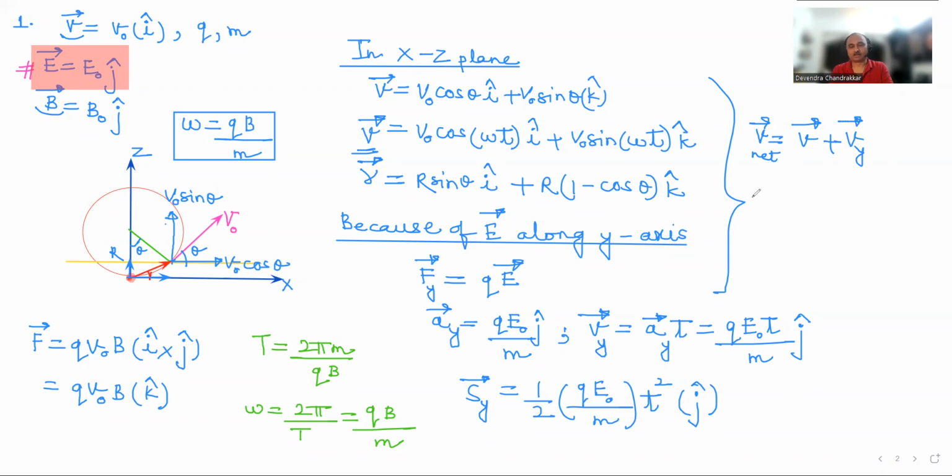And what about net position vector, not displacement? It's r plus this one, sy vector. I hope all of you understood this.